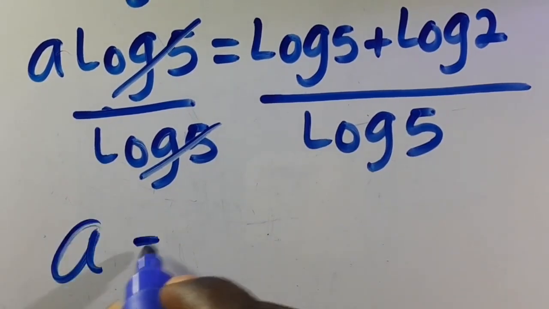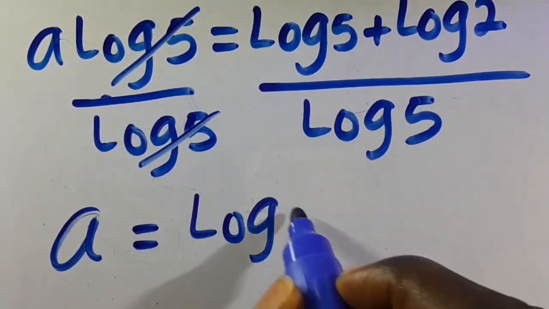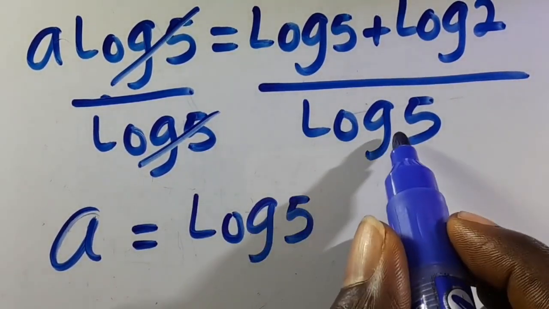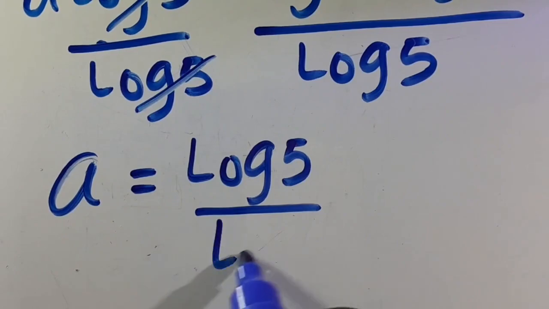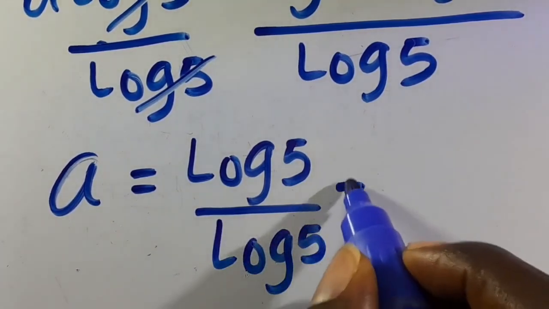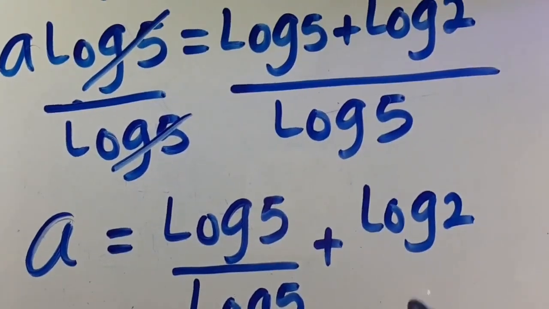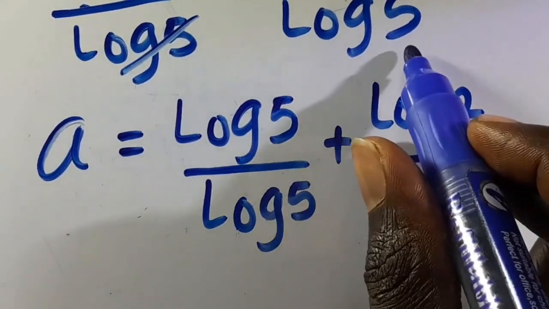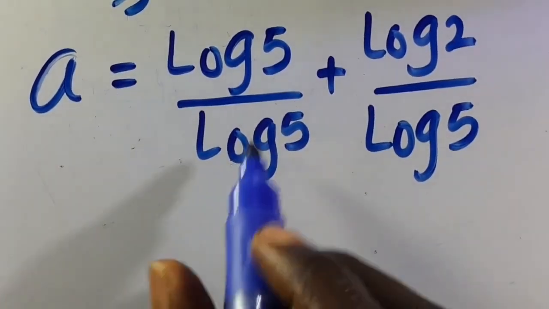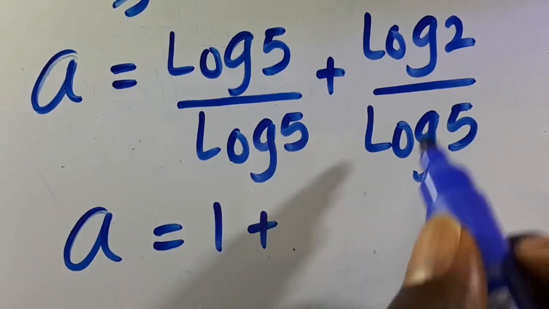Then we have a equals, let's distribute this particular log 5, so everything here will be divided by log 5: log 5 plus log 2, divided by log 5. So log 5 divided by log 5 will be 1 plus.